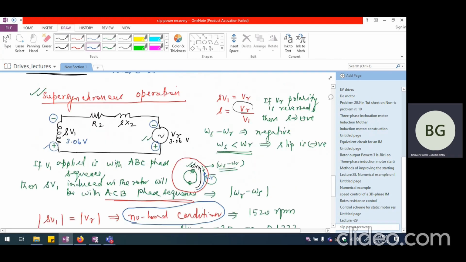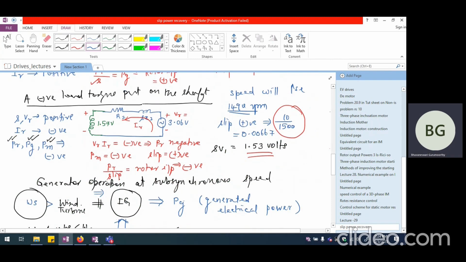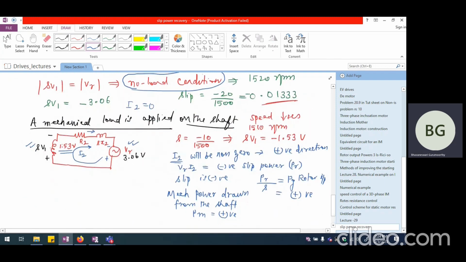So to summarize what we wrote earlier clearly, if you look at sub-synchronous generating operation and sub-synchronous motoring operation, and now super-synchronous motoring, in this case PM and PG are positive.